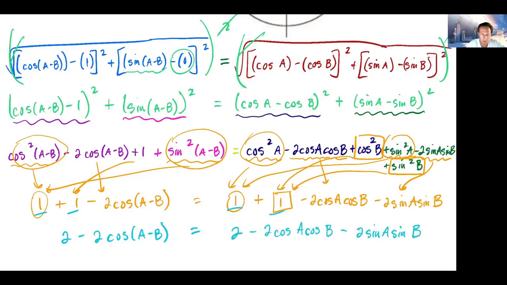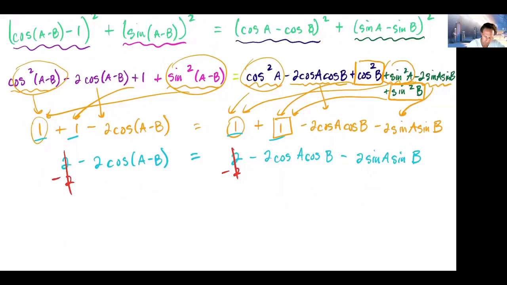So next, I hope you notice that there are definitely a lot of 2's. So the first thing I'm going to go ahead and do is subtract the 2 from both sides so that that cancels out. And we can do that because there's an equal sign. And then lastly, I'm going to divide the left side and the right side all by negative 2 to get rid of that.